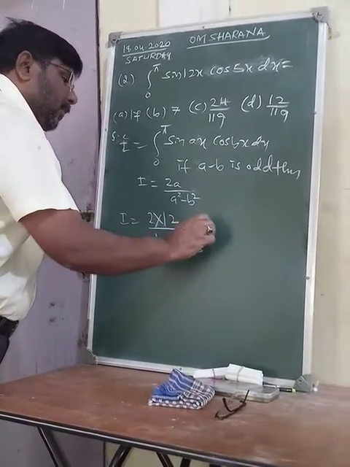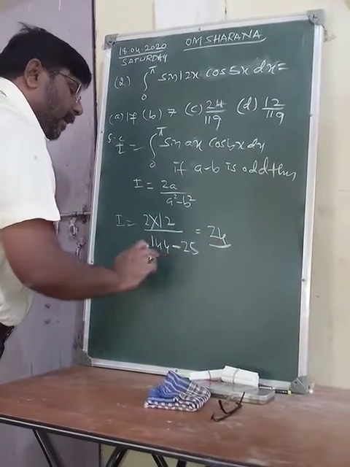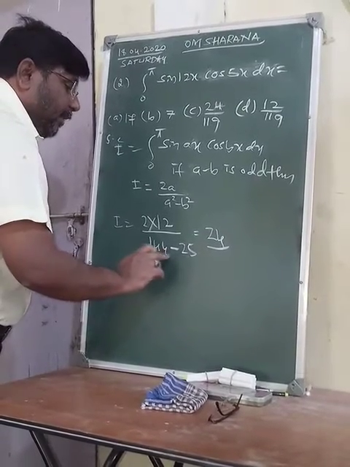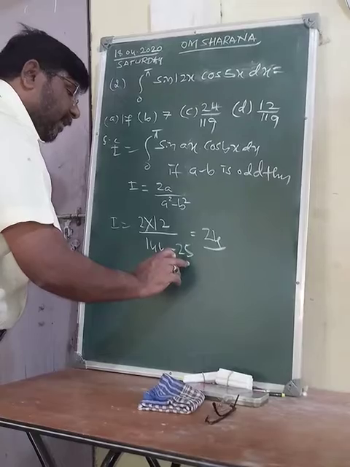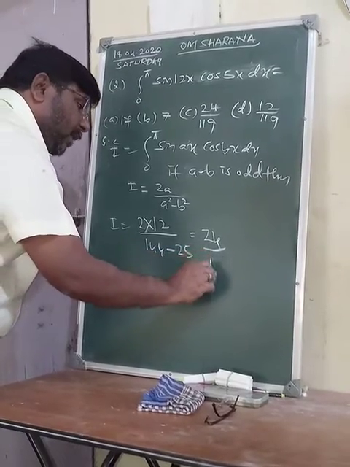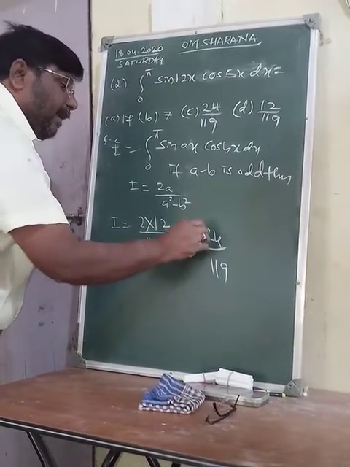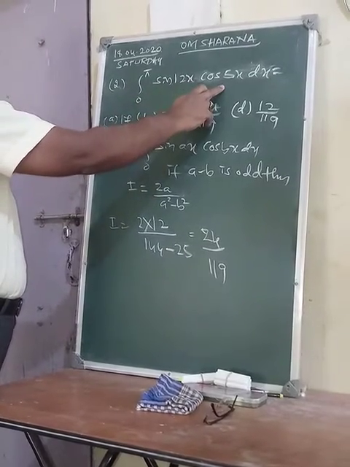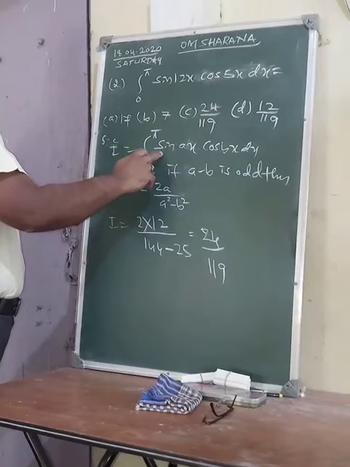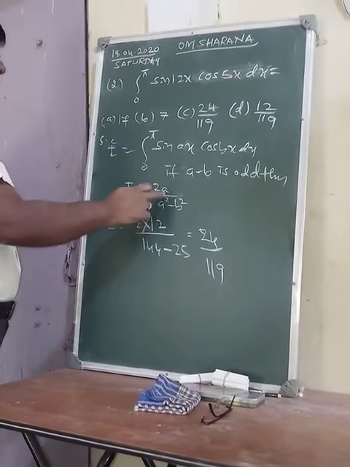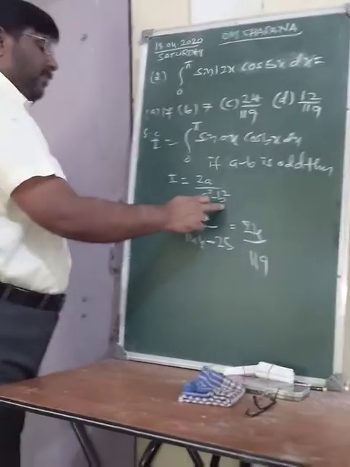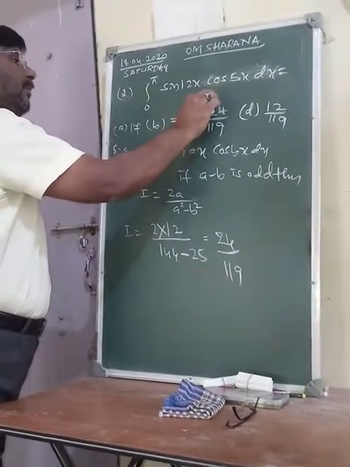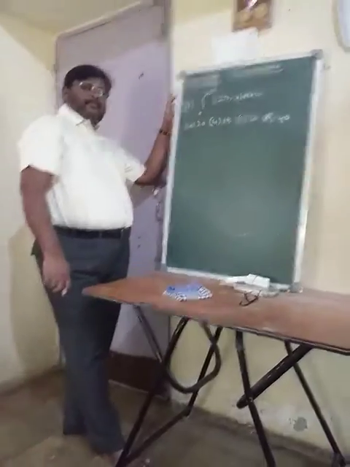That is 2 12s are 24 divided by the subtraction of 144 and 25, which is 119. So if the difference of a and b is odd, then this integration takes 2ab by a square minus b square. It is 24 by 119. So option C is right.